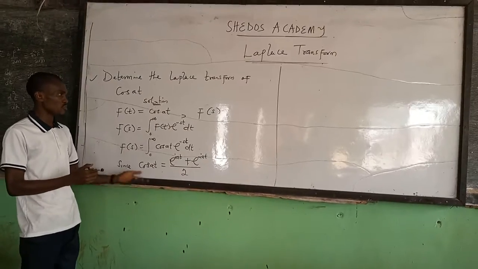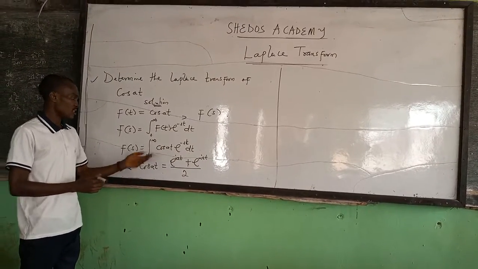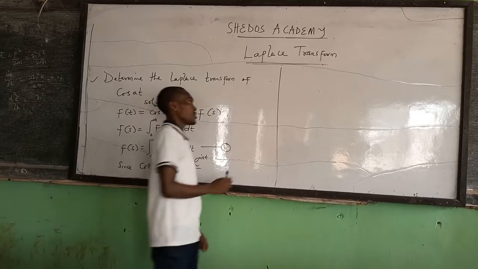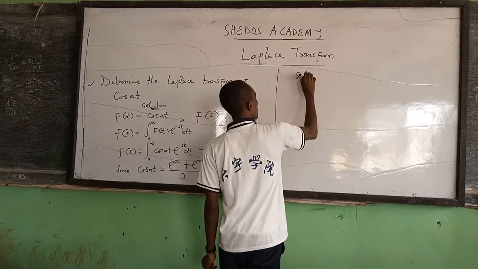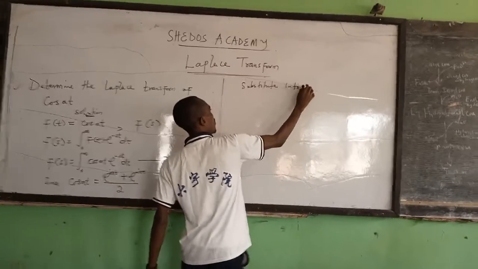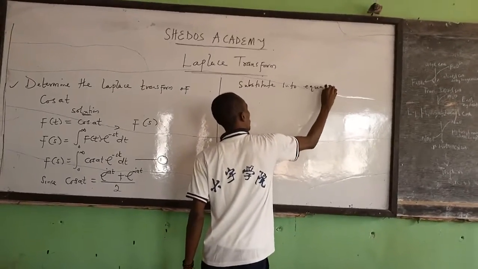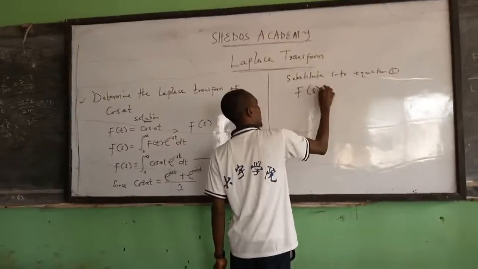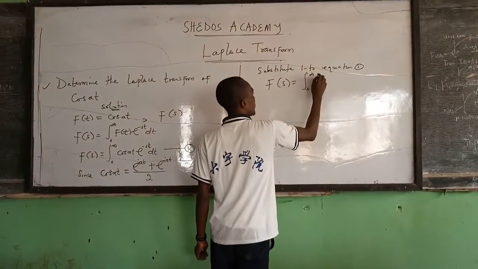So we are going to make a substitution of this into this. Let's call this equation 1. So we substitute into equation 1. And when we do that, we have F(s) is this.